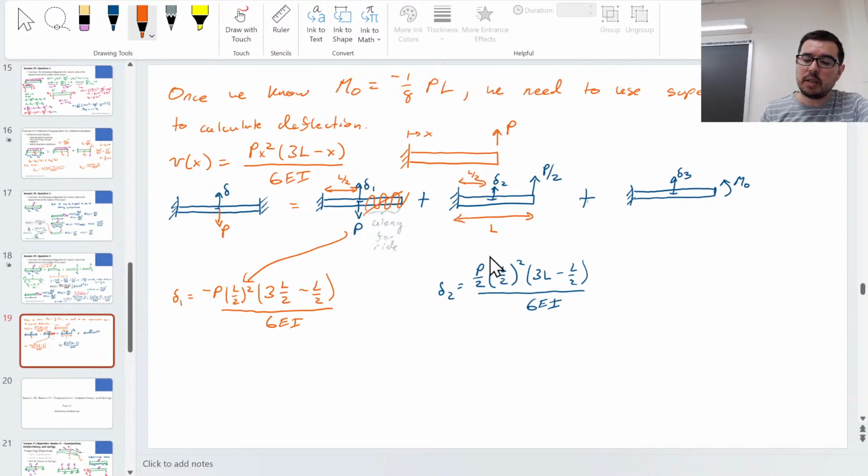I understand why you just plug in L over 2 for X, and I know why it's P over 2 because it's half the force, but it's L over 2 even though it's a full distance away from the force. Okay, where I'm interested in is X equals L over 2, and then it's a full length, which I just keep there.